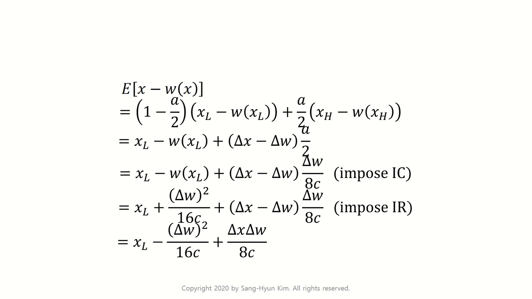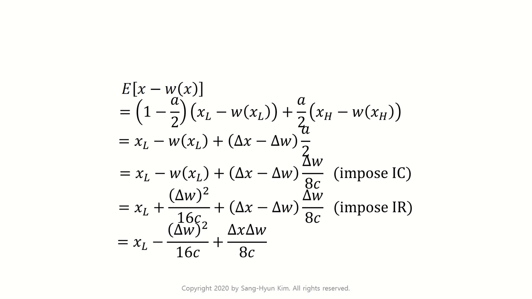And the next step is, as you can see, we impose the IC constraint. So we put delta W over 4C into the place of A. So we replace A by delta W over 4C. So we impose IC constraint to derive this, and the next step is we impose the binding IR constraint.